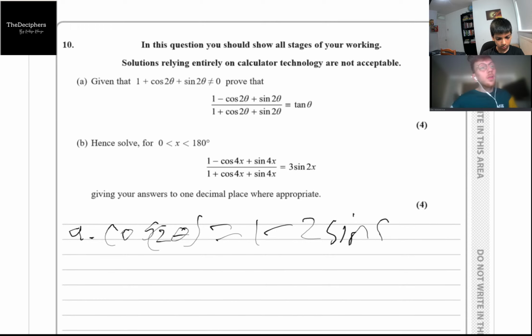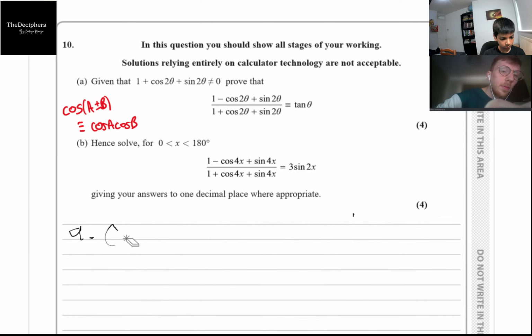Yeah, that's exactly right. So you're not given the double angle formulae in your exam book, but you are given the compound angle formulae. So I'm going to write that down by the question so we can see, if we forgot the double angle formula, how we can quickly use that to get the double angle formula.